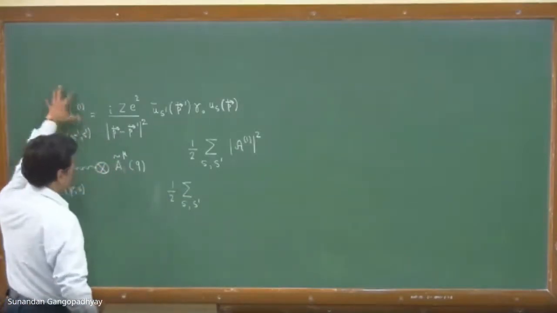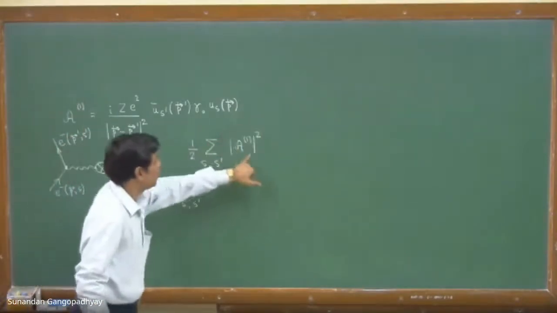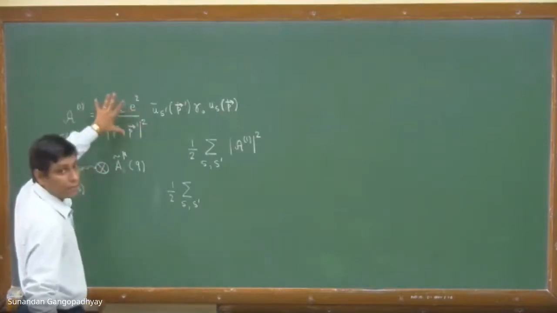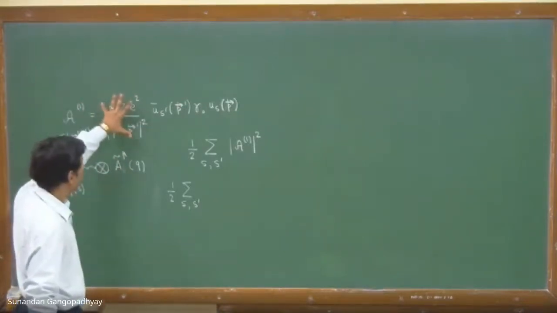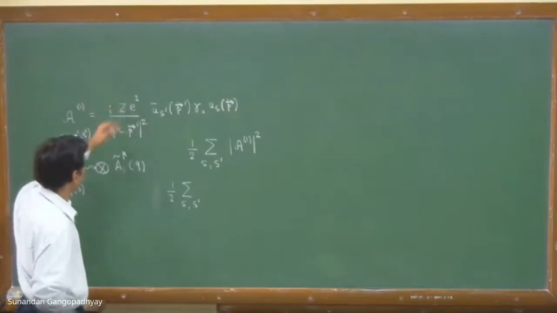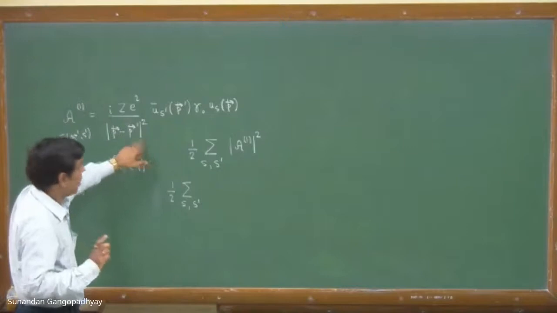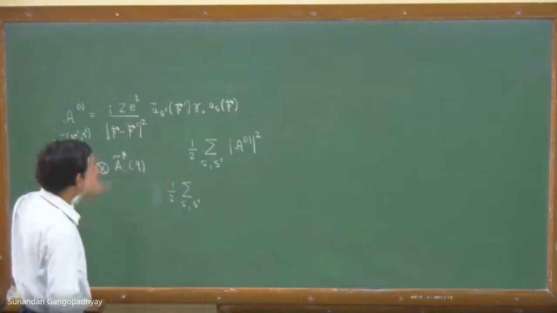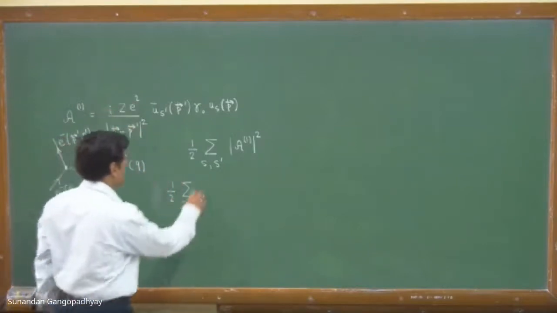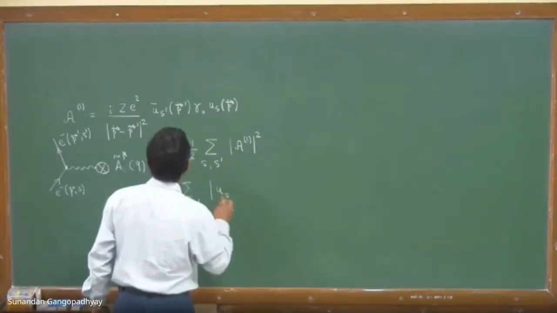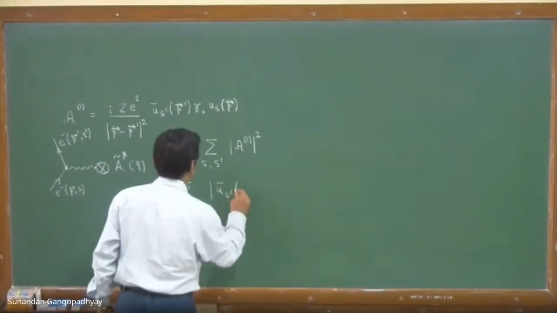This is a mod square of this quantity, so if you take the mod square, this factor will be squared up and the i will go away. It will become Z squared e to the power 4 divided by this whole to the power 4. But for the time being we are not writing that factor; we are just looking at this factor and we shall calculate it.